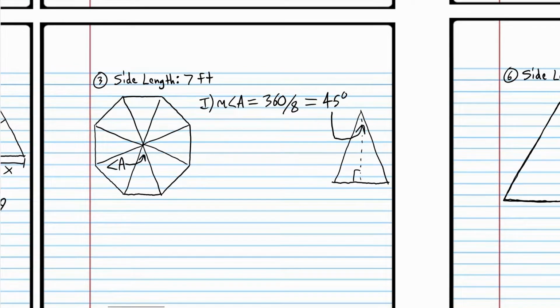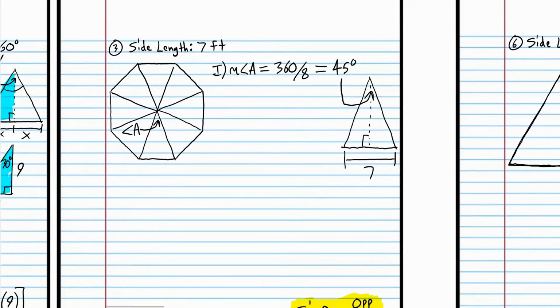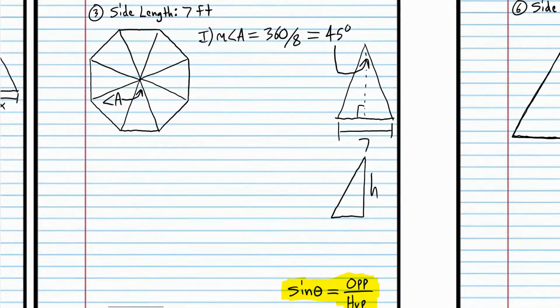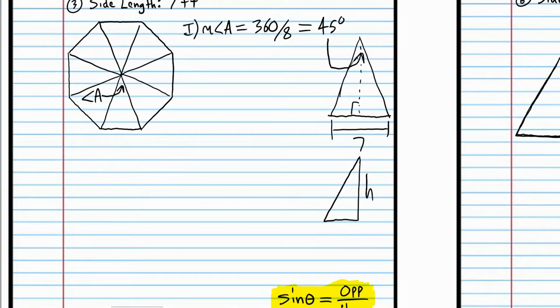And the side length is 7, so that means this length we don't have to find. That length is 7. That's this length down here. But we do need to find the height, so we're going to pull out one of those triangles as usual, and we're looking for the height. Now this side is going to be half of 7, because again, these two right triangles are congruent.